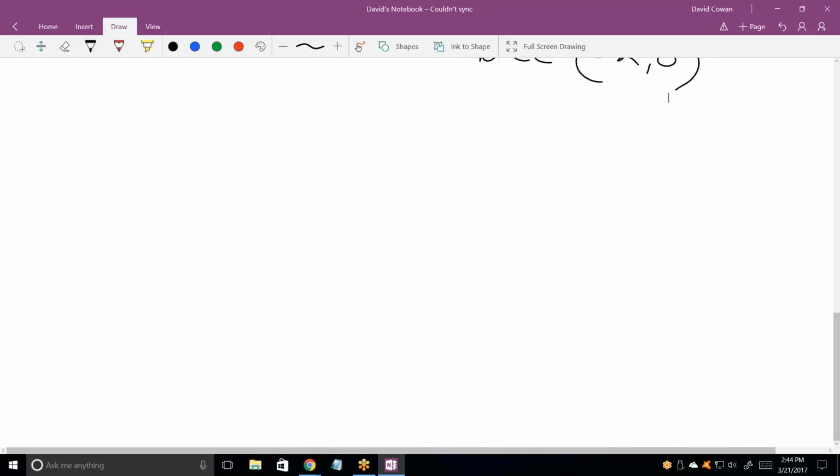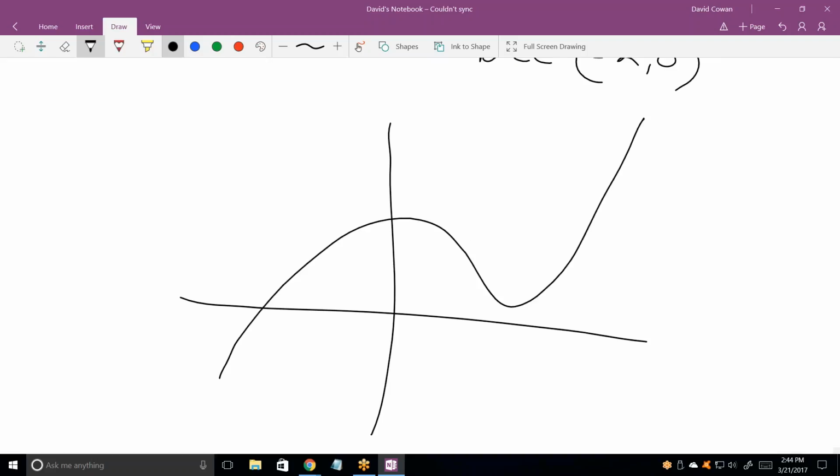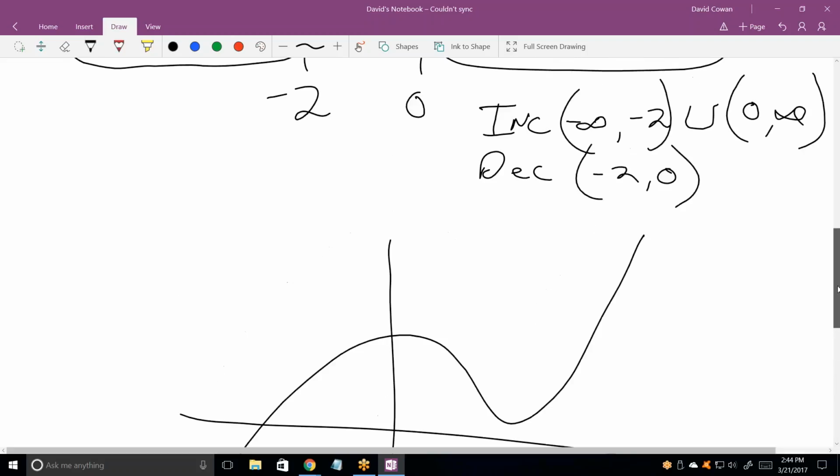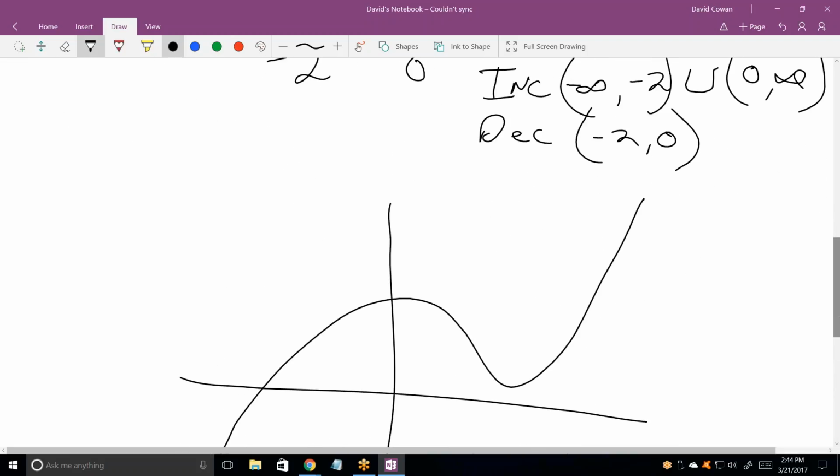So the original function, no doubt, has a couple of humps in it, like that. I might not have drawn it correctly, but this is typical of a cubic function, and you should know that. And what our previous answer told us was that it was increasing up to negative 2.